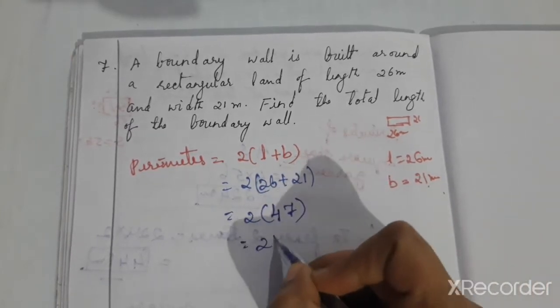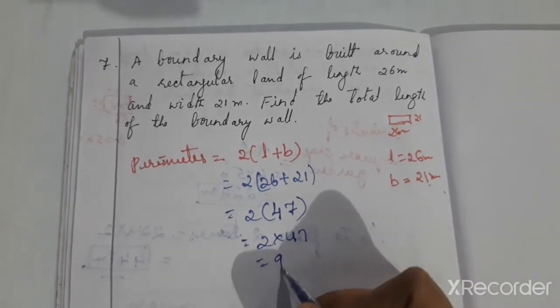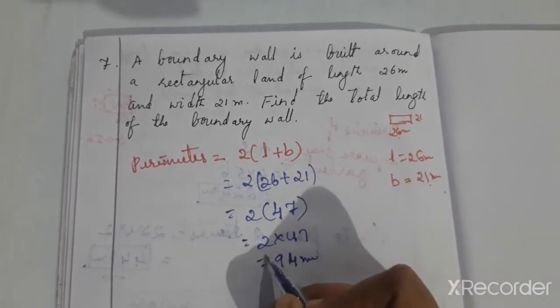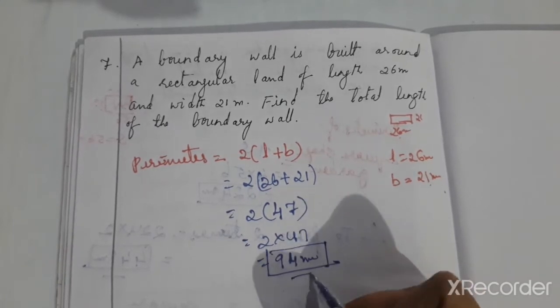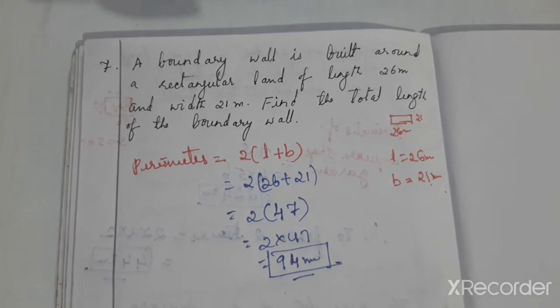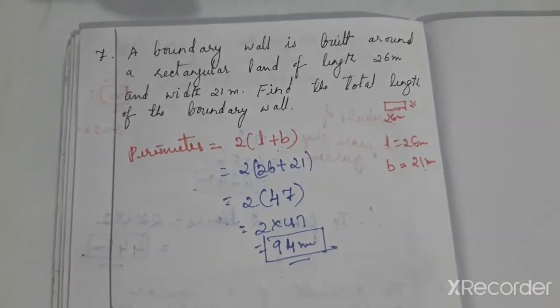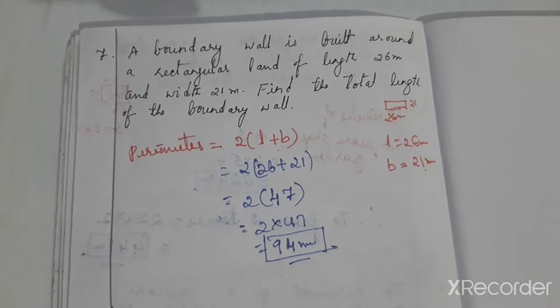Now 2 into 47 is 94 meter. The answer is the perimeter. The total length of the boundary wall is 94 meter. We have to find the total length, which means it is a perimeter.